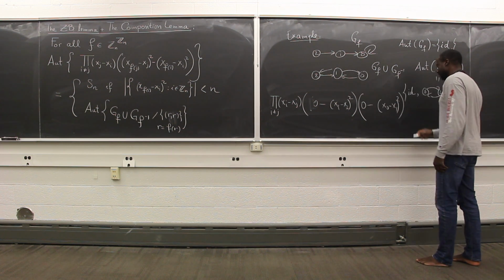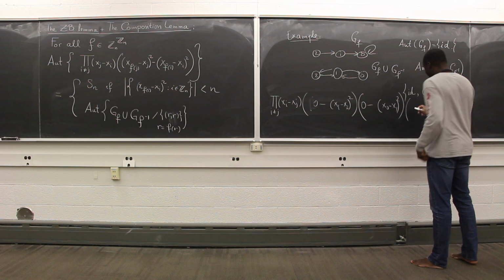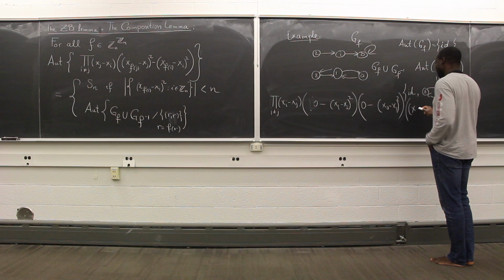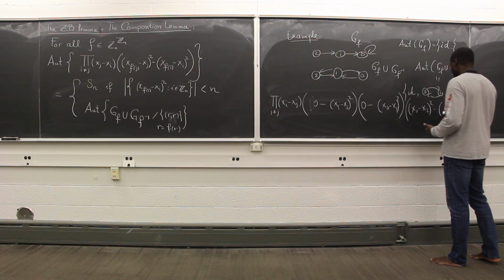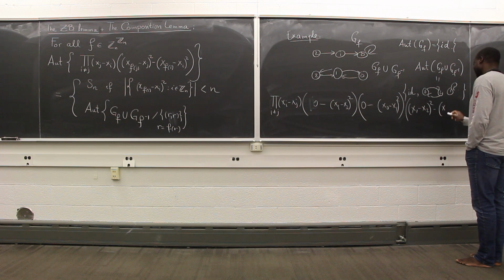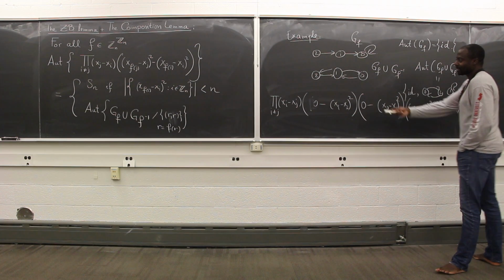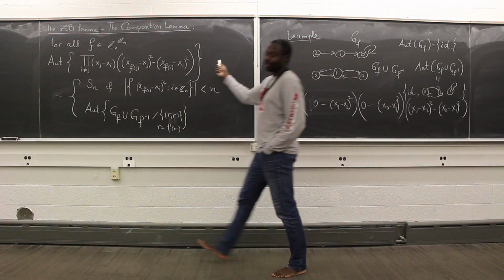So this is comparing the loop edge. And then I need to compare the last two edges, which is x1 minus x2 squared minus x0 minus x1 squared. So this is what the polynomial looks like.